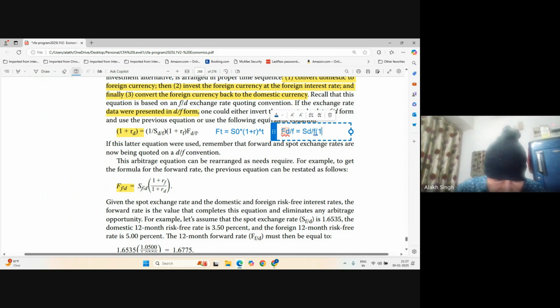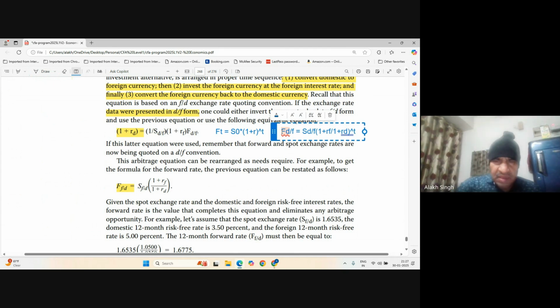It will actually be (1 plus RF) divided by (1 plus RD), all to the power T. That is the relationship between the two.